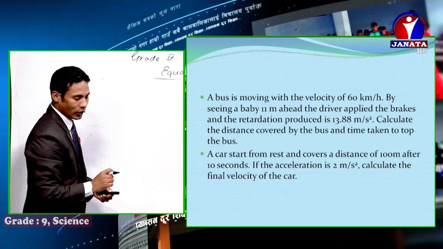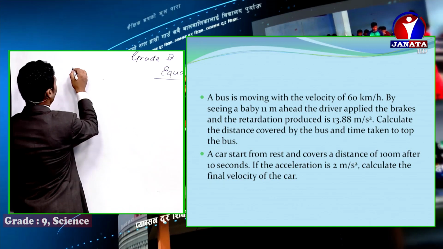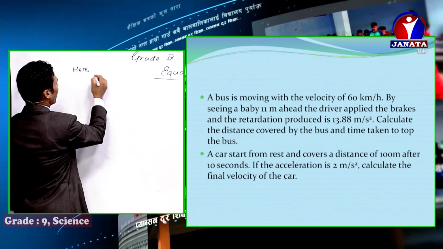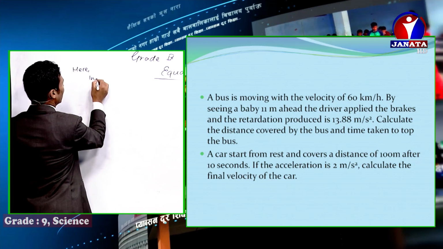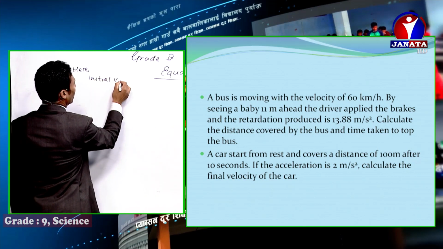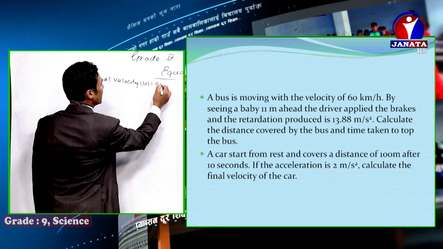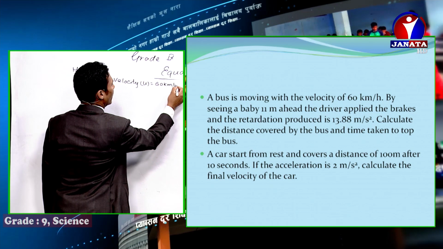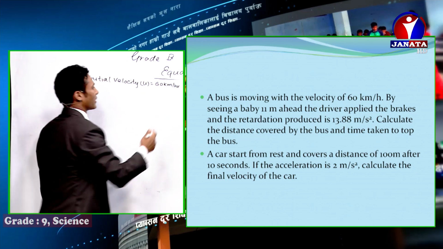Okay, so let's first list out the given. What is given over there? Initial velocity is given, right? So initial velocity u is 60 kilometer per hour. It is not in the SI system of units. Let's change this into the SI system of units.